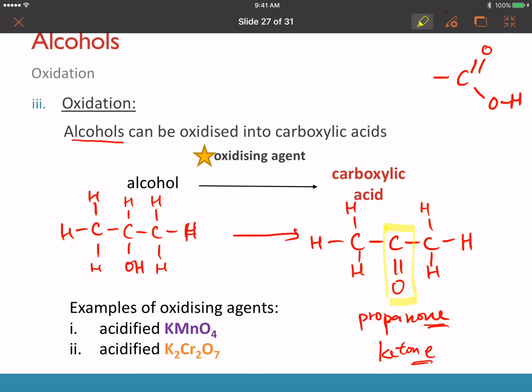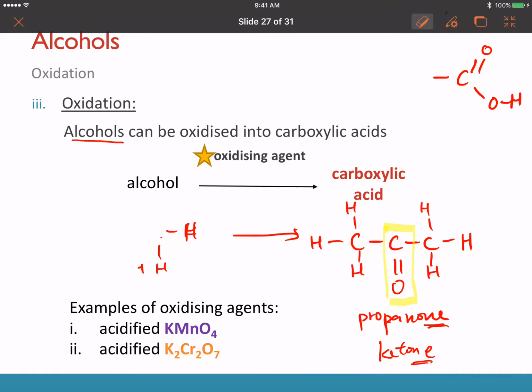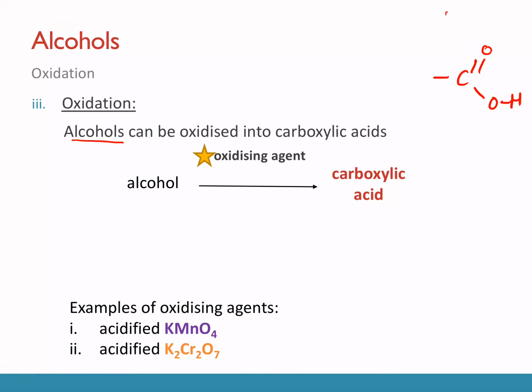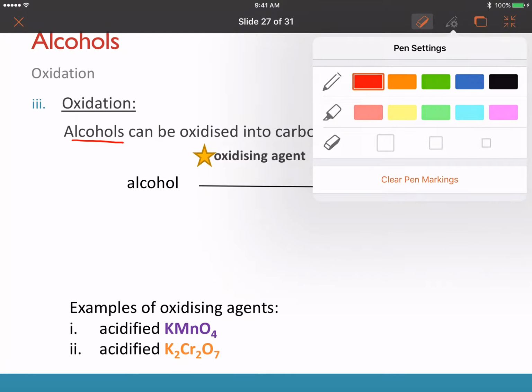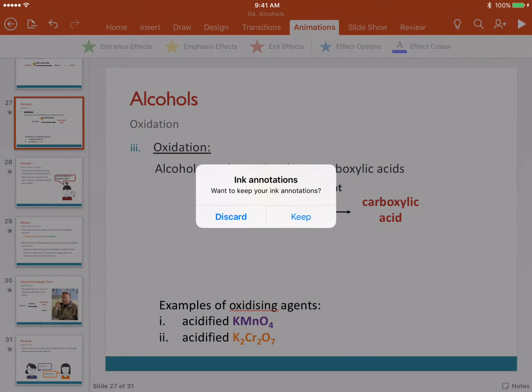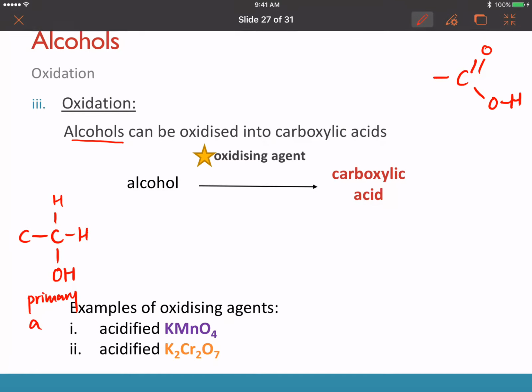Okay. So because of this, there are a few classifications of alcohol. So what is the specific type of alcohol that we must use to form a carboxylic acid? If the carbon that the hydroxyl group is attached to is only attached to one other carbon and 2 hydrogens, then this is known as a primary alcohol.